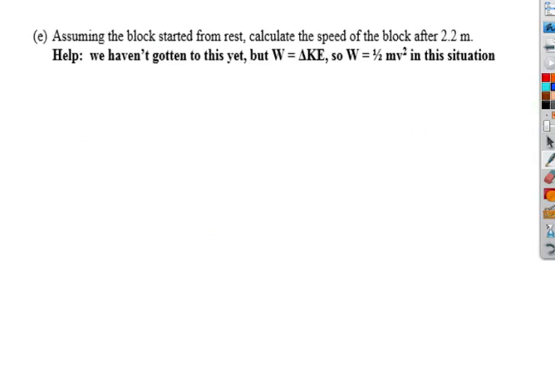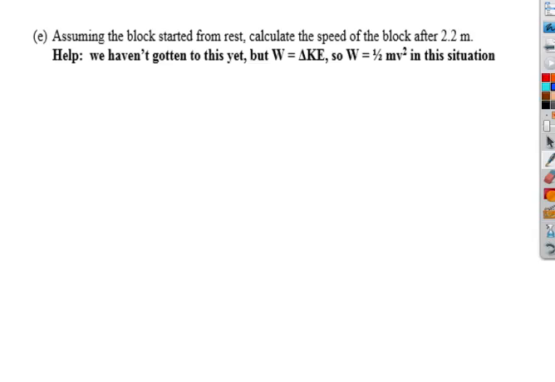And now we're bringing that back into the work energy theorem. Assuming the block started from rest, calculate the speed of the block after 2.2 meters. I do help my students out here because this is an early worksheet, and for this one I haven't introduced the work energy theorem yet.